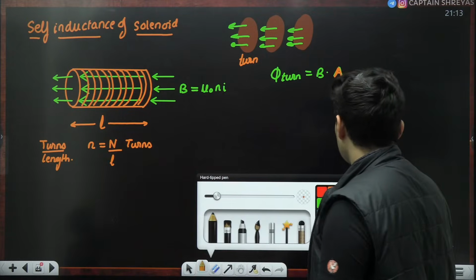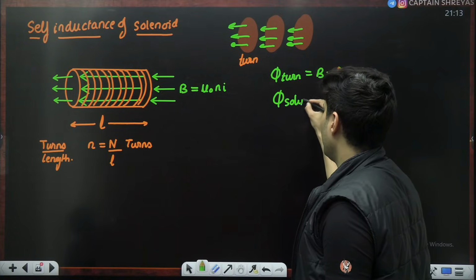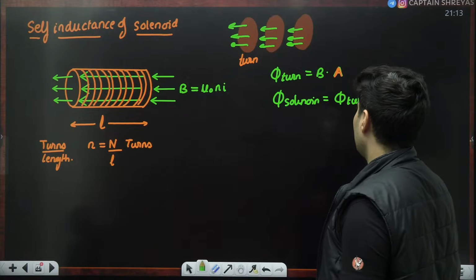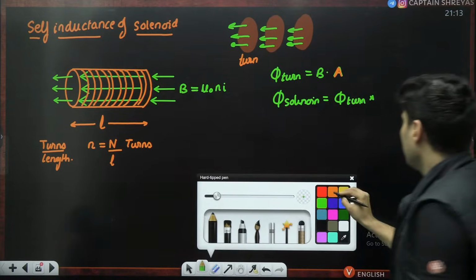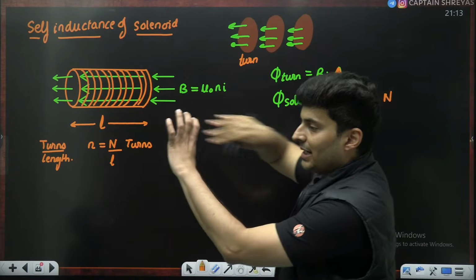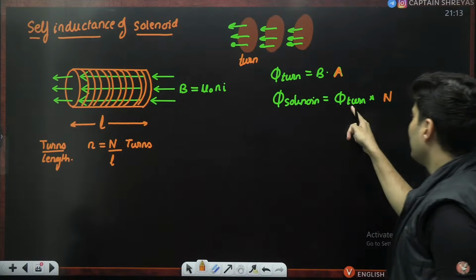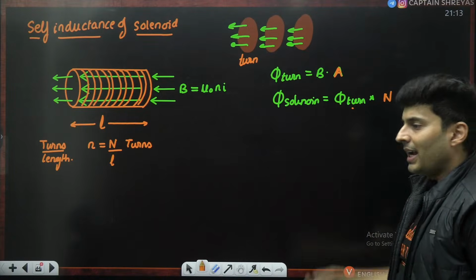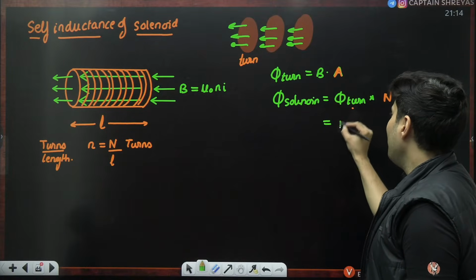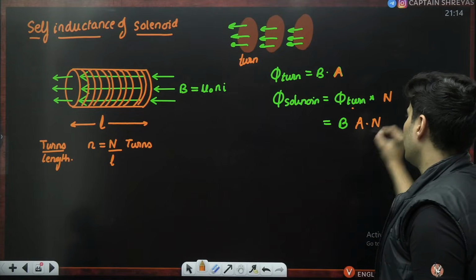So if you ask me what is the total flux passing through the solenoid, it will be the flux through each turn multiplied by the total number of turns, because every time the flux will intersect N times. So total flux will be B into area into number of turns.